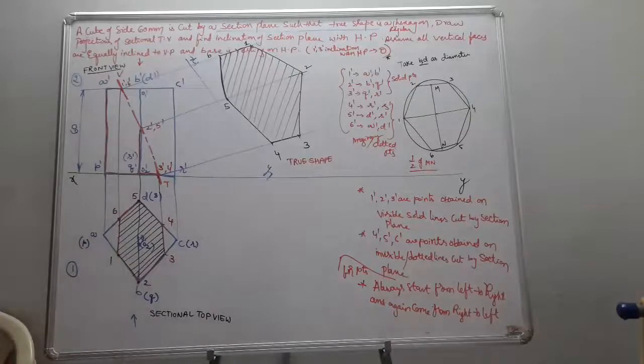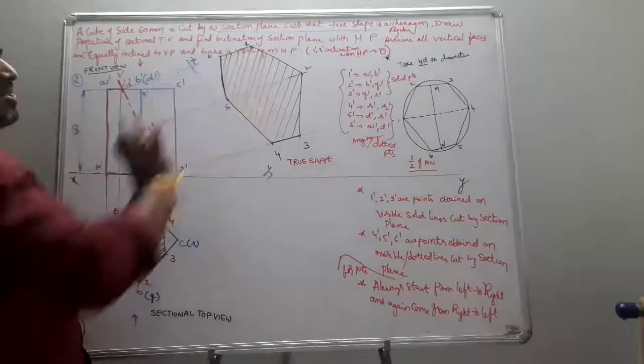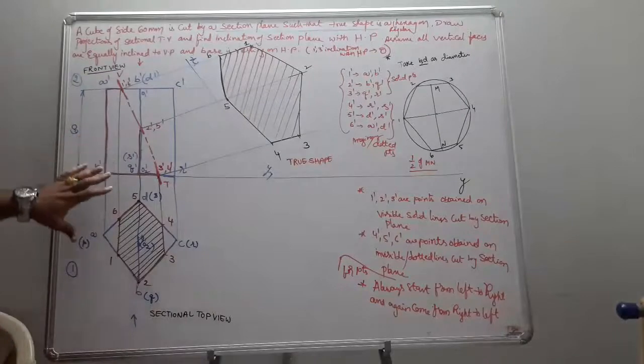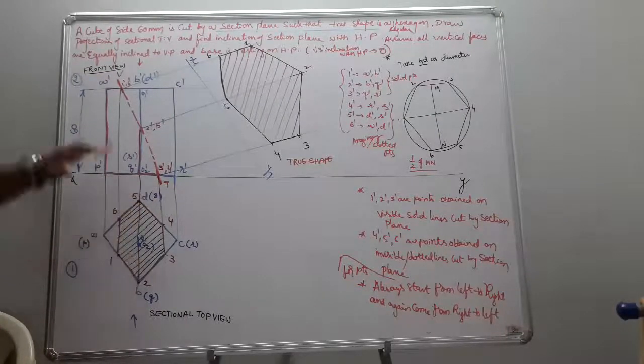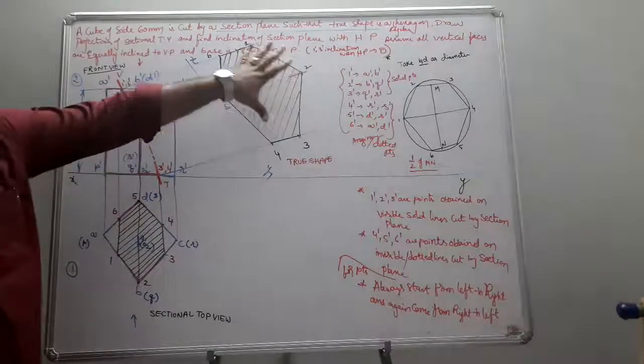Students, is it clear? True shape is nothing but we just reconstruct what we obtained in the sectional top view. The shape was clearly obtained by taking the distances from the old reference line to the points and putting them on the projectors from 1, 2, 3, 4, 5, 6.